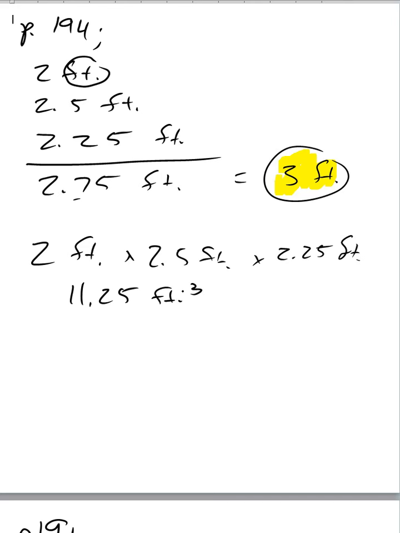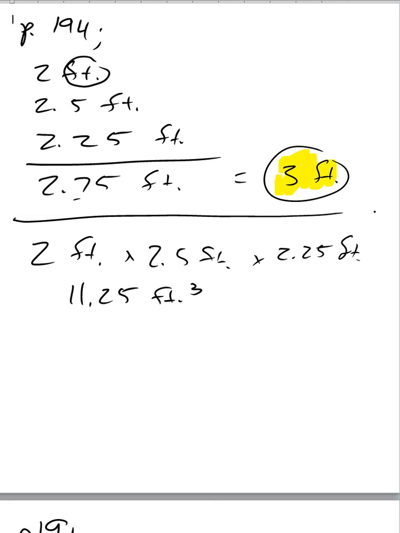Now, what it tells me when I'm multiplying and dividing numbers, and I need to get them to a certain accuracy, is that you have to take them to the one with the least number of significant digits.